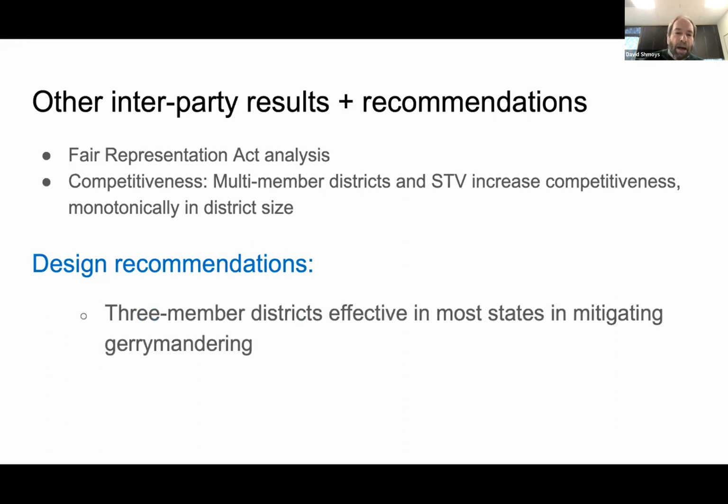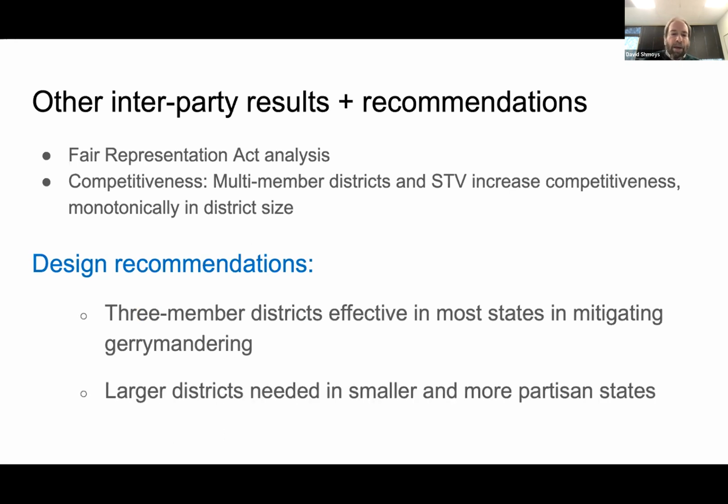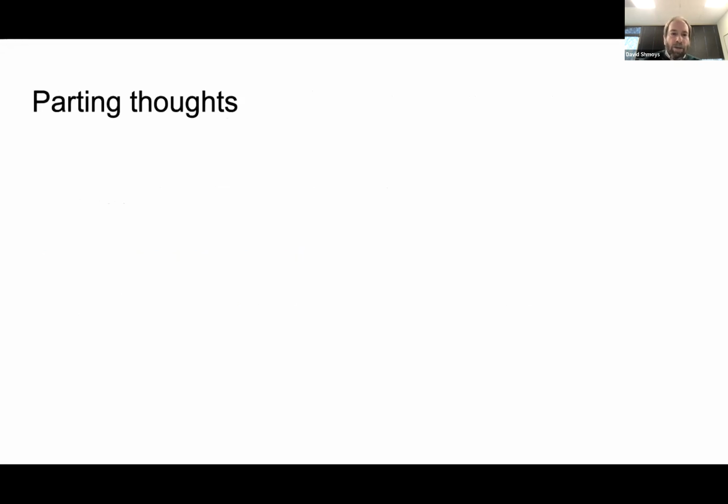So our recommendation is to implement HR 4000 with 3-member districts, which achieves the result in most states. Of course, in smaller and more partisan states, it might be natural to consider larger districts.